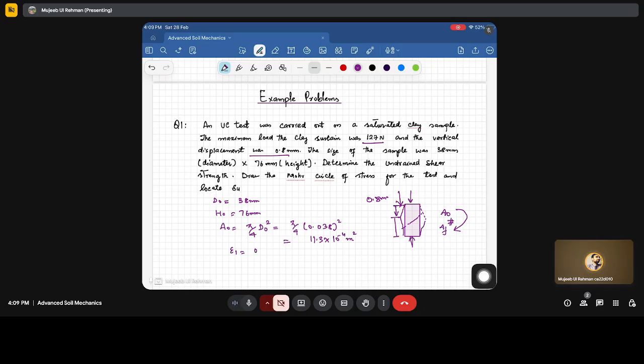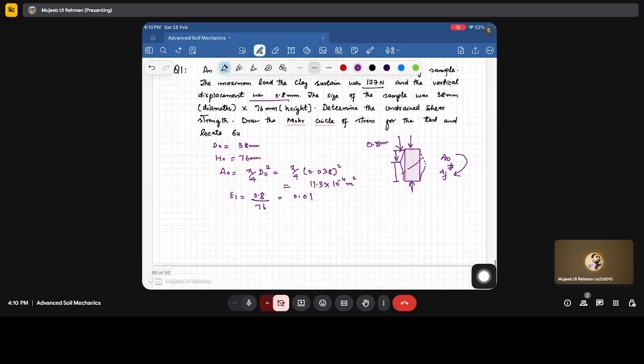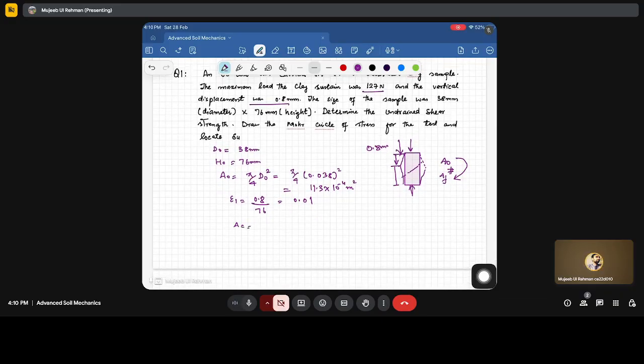That is the change in length divided by the original length, 0.8 by 76, which comes out to be 0.01. Now the corrected area is given by A naught divided by 1 minus axial strain. A naught is 11.3 into 10 raised to the power minus 4, divided by 1 minus 0.01. So it will come out to be 11.4 into 10 raised to the power minus 4 meter square.